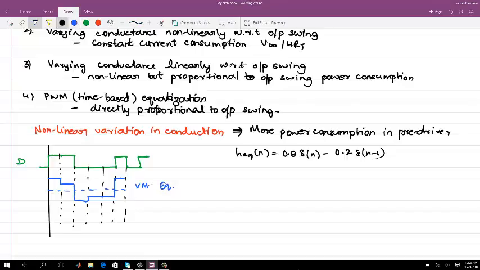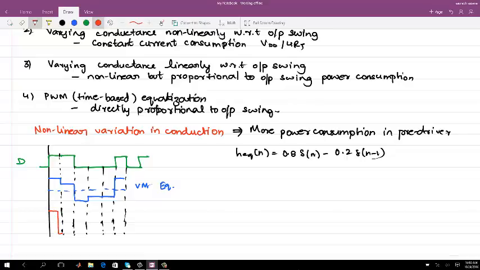Now what will happen in pulse width modulation with equalization is, let me try it again. For the positive bit, it will have some percentage of duty cycle and smaller. So if this is positive and negative, it will be positive for a while, then becomes negative.